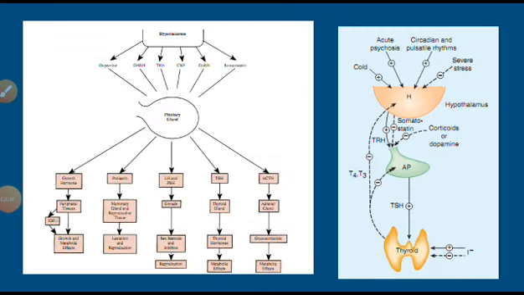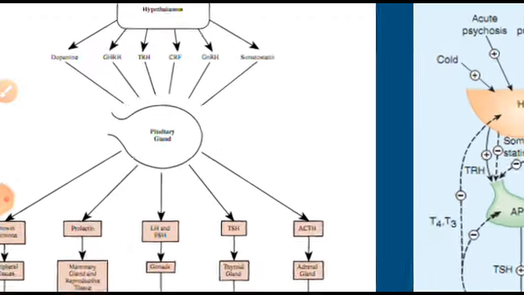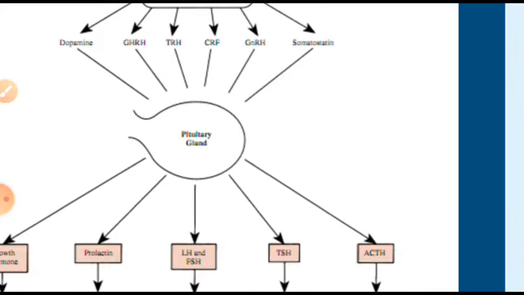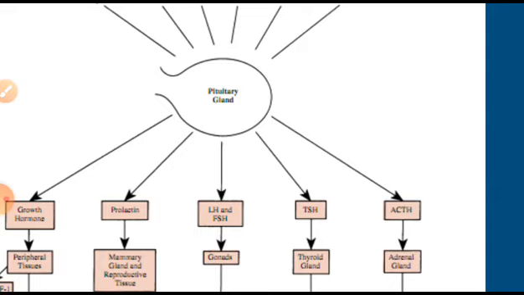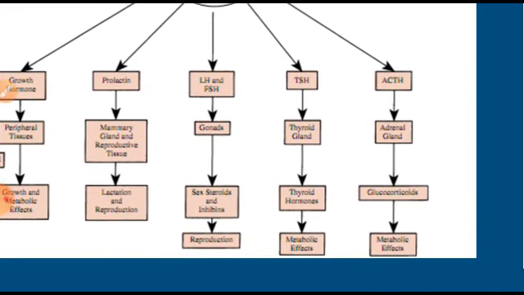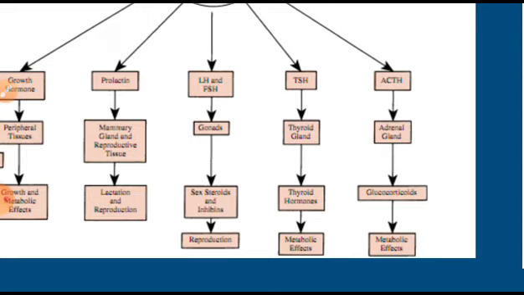If you see this particular diagram, you can understand one connection has been shown where the hypothalamus is secreting certain kinds of transmitters or chemicals, and they act on the pituitary gland, and then the pituitary gland releases or secretes various other hormones, right?